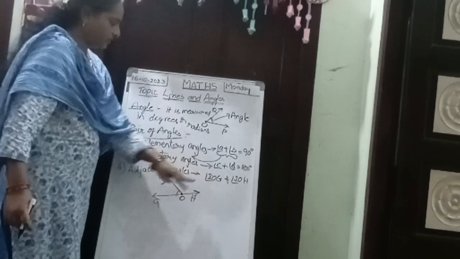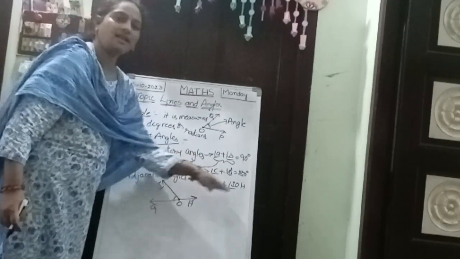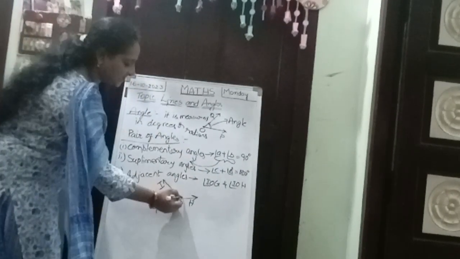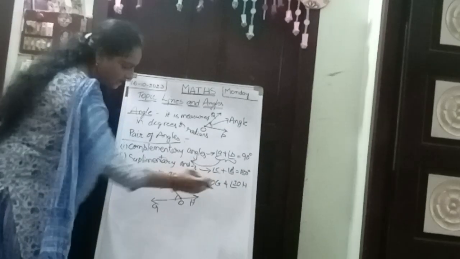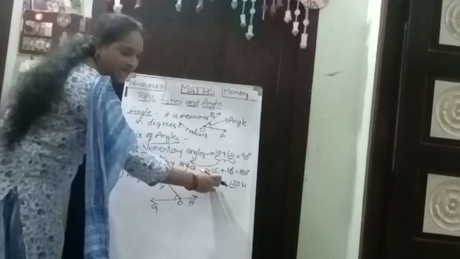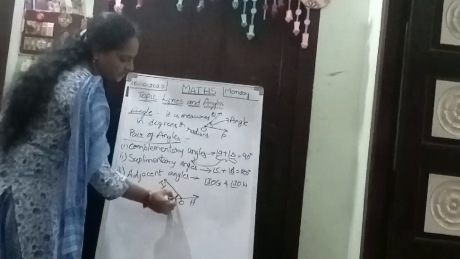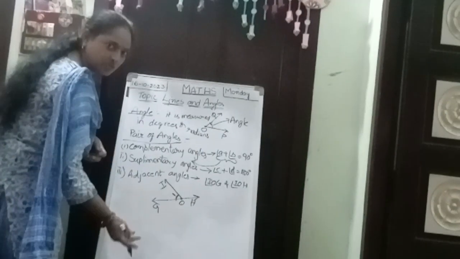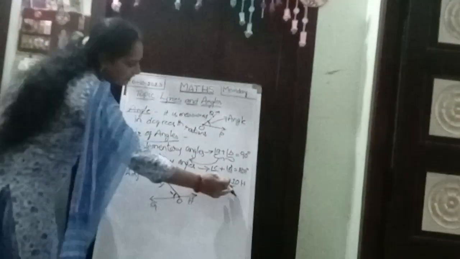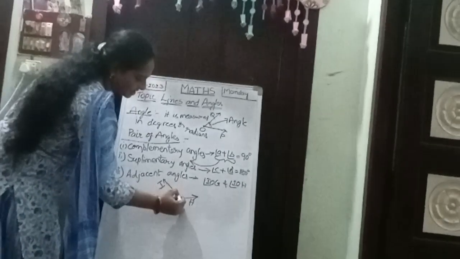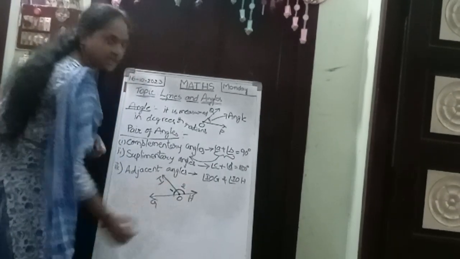One more thing here: we represent an angle in this way. Where the angle is formed must be in the middle, and the remaining two letters must be on either side of the angle. So angle IOG, let us take that as 1 to understand. And one more angle is IOH, let us take this as 2.